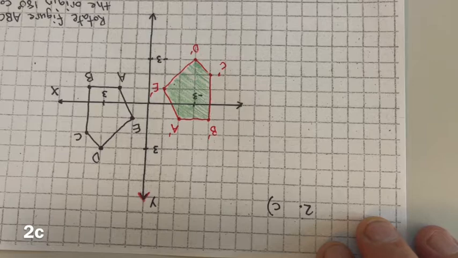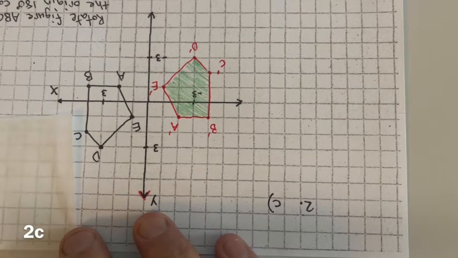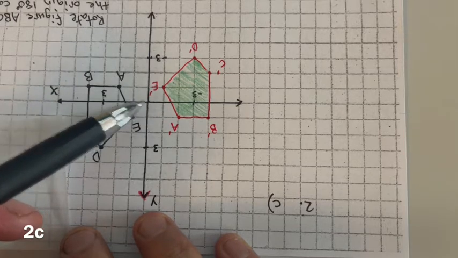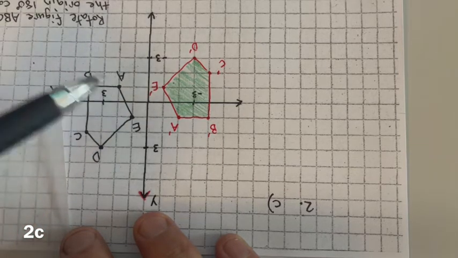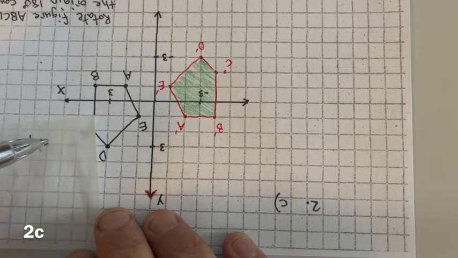And then what I can do is mark down these points. So my rotated image for A prime would be at negative 2, comma 1. So I'd write down A prime will be at negative 2, comma 1.